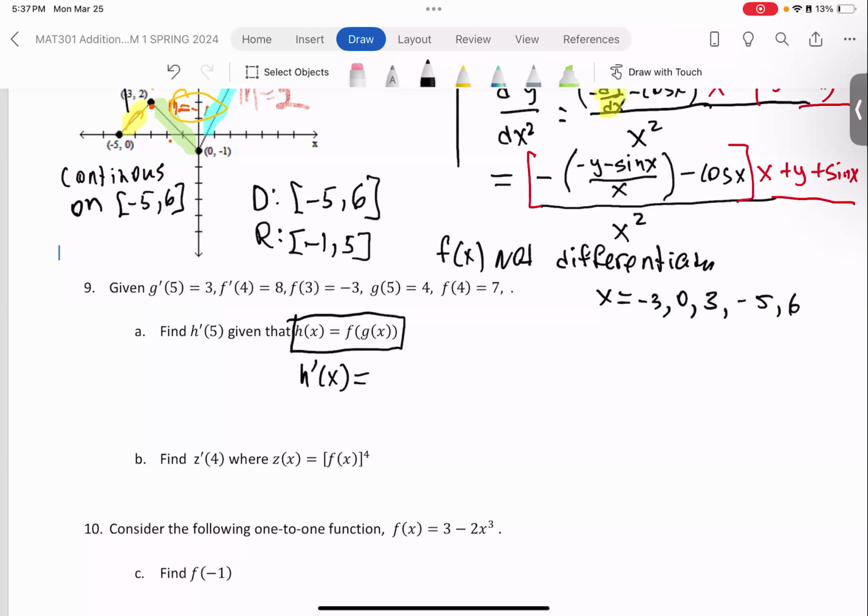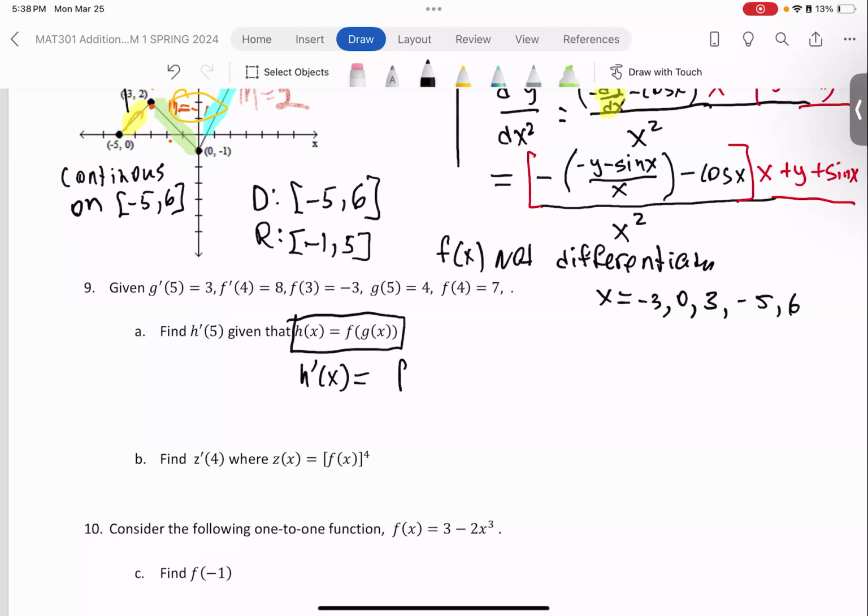This was similar to the one in the other quiz, and review the key, the last one, number 5. But this one is more where the information is provided just in the list, but it is symbolic, meaning when you see this right here, do you know what rule this is? How do you differentiate this function, f of g of x? It's a composition. What rule do you use?